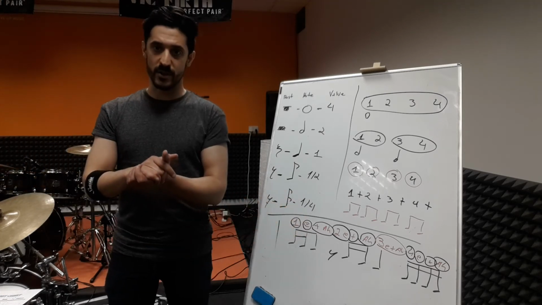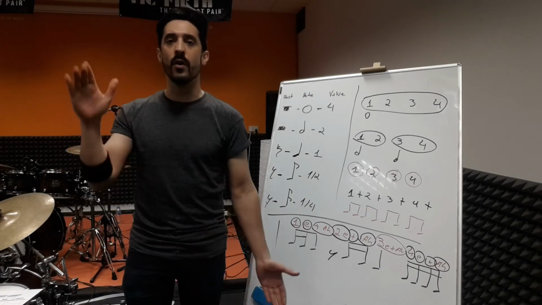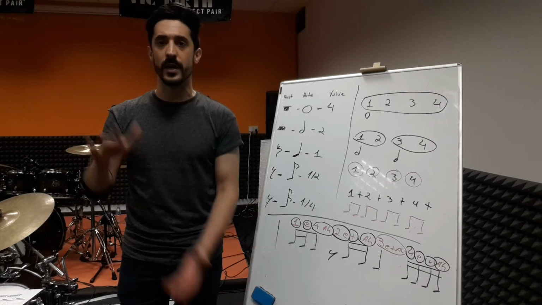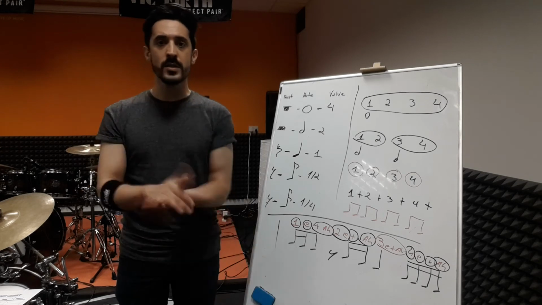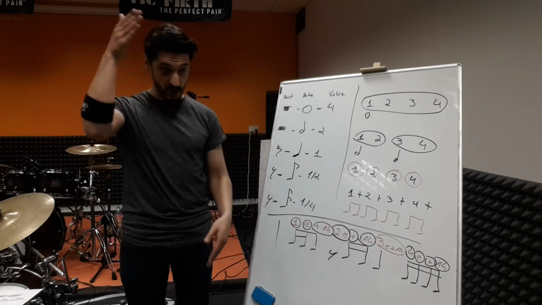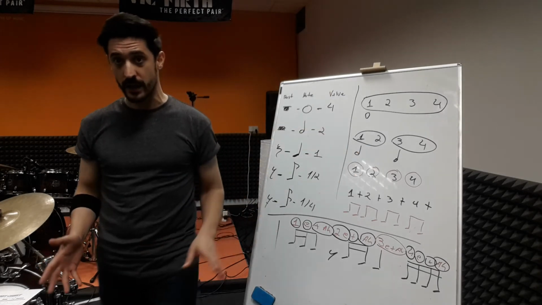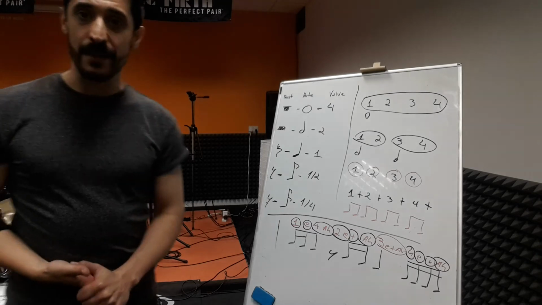I'm clapping the pulse, not the notes. 1, 2, 3, 4. 1, 2, 3, 4. Okay, it lasts exactly 2 beats, stops on the 3. On the 3, then you can play something else or not. Okay, I hope that makes sense.